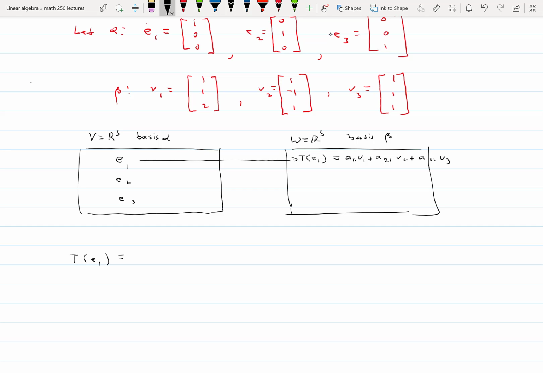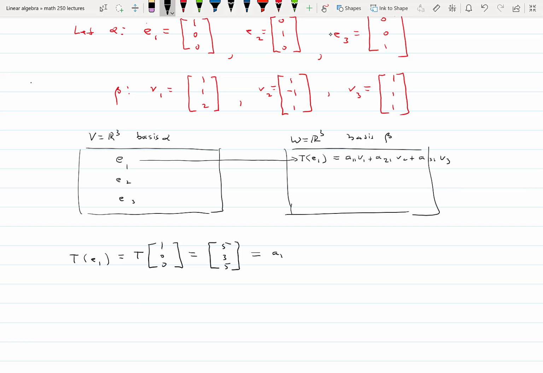So let's do this. We first find T of E1. T of E1 is 5, 3, 5. It's still the same T of E1 we saw in part A of this. It's T of 1, 0, 0, which is the column vector 5, 3, 5. Now we write that in terms of the basis vectors beta. So it's A1 V1 plus A2 V2 plus A3 V3.